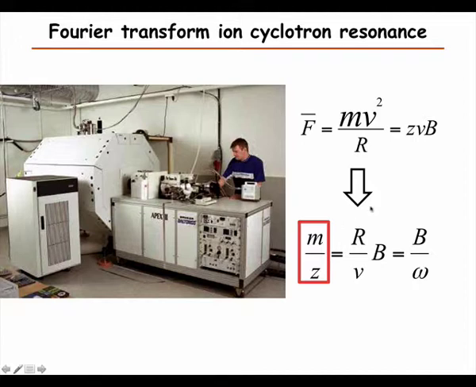Again we measure the mass to charge that depends on the magnetic field and on the frequency. And here of course we need very good vacuum. In most of these we need good vacuum, but here we need even better vacuum because we need the ions to go around many times without colliding.